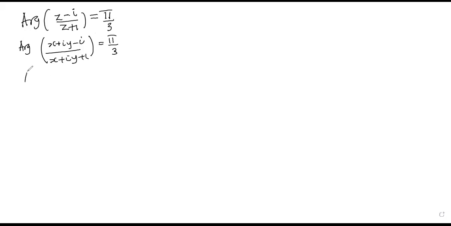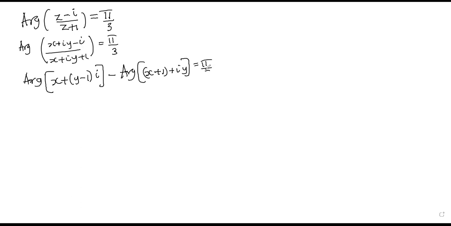So this is the argument. When you're dividing, the argument is the same as the argument of (x plus (y minus 1)i), then minus the argument of (x plus 1 plus iy), because you are dividing, and this should be pi/3.